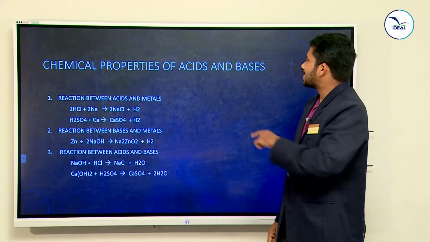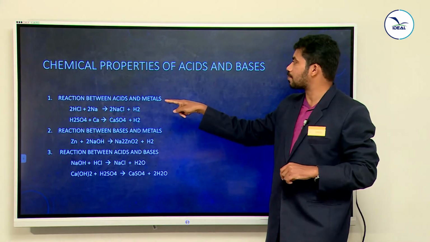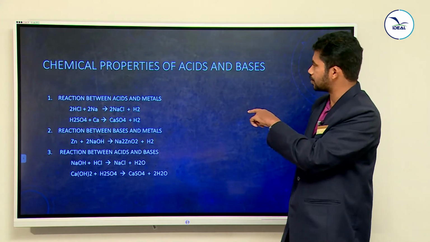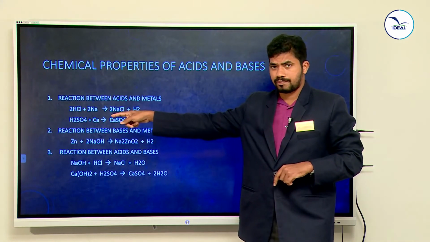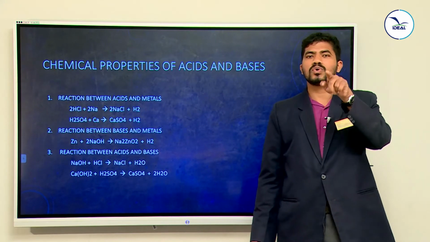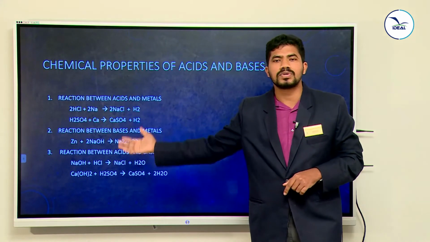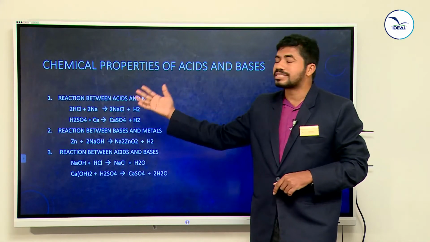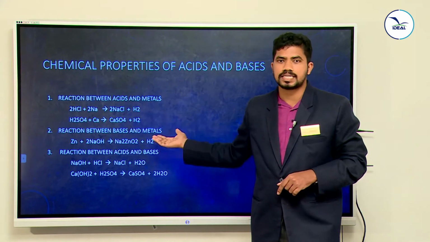Now we are discussing the chemical properties of acids and bases. See the first chemical property, it is the reaction between acids and metals. See the examples. Whenever hydrochloric acid is combined with sodium, you will get sodium chloride and hydrogen gas. Like that, if you are using sulfuric acid with calcium, you will get calcium sulfate and hydrogen.